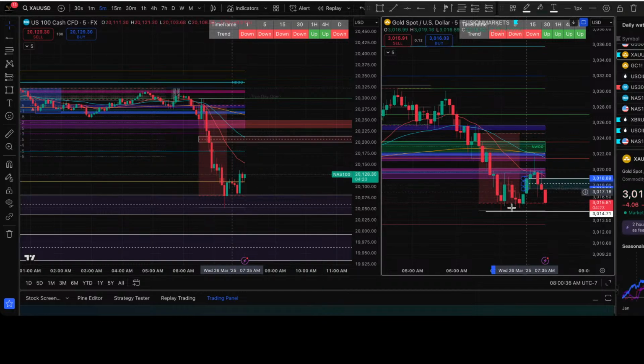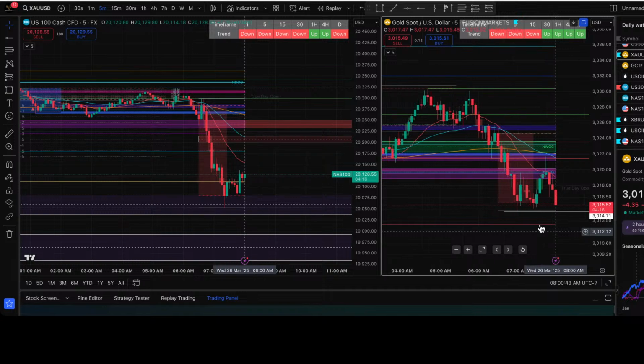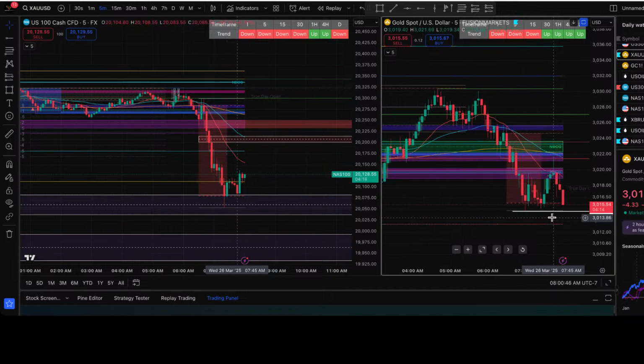Already we can see the push to the downside. So with gold, if we get a bearish confirmation, we already have had an early retracement back to the 20 EMA. So it could use whatever fair value gap is presented to start pushing.